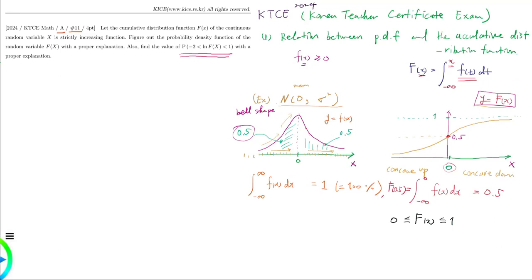Another non-trivial fact is that when we take the derivative of the cumulative distribution function with respect to the random variable x, we will have the probability density function.